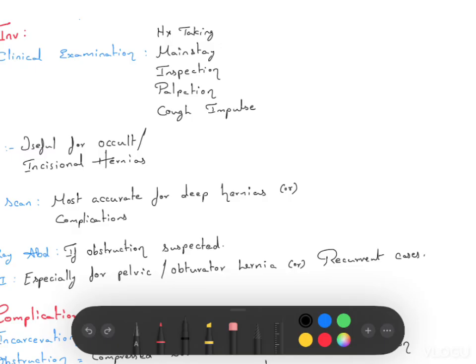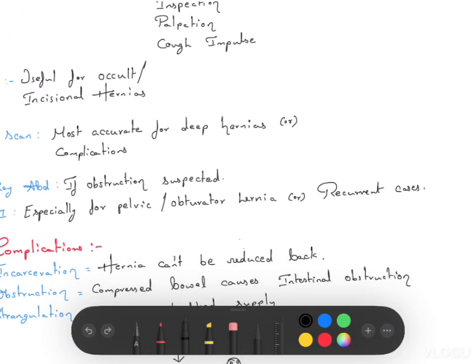Next we can go with CT scan. This is the best for complex hernias, internal hernias and recurrent hernias, most accurate for deep hernias or complications. Next we can do X-ray. In X-ray abdomen, if obstruction is suspected, then you have to do X-ray abdomen.